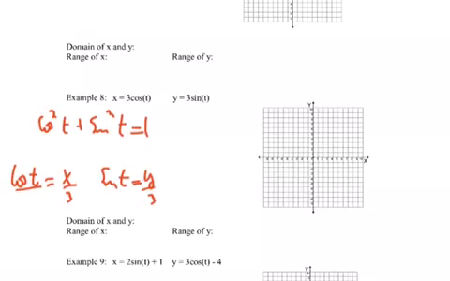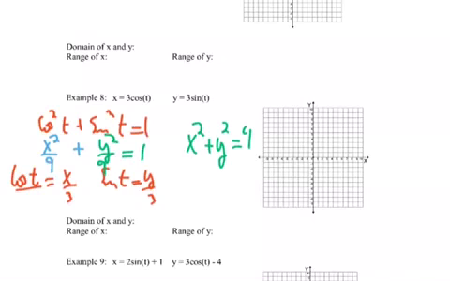So this one would become x squared over 9, because you're squaring this whole thing, plus this one will become y squared over 9 equals 1. If we multiply that whole thing by 9, we get x squared plus y squared equals 9, and hopefully you know that that's a circle centered at the origin with a radius of 3.